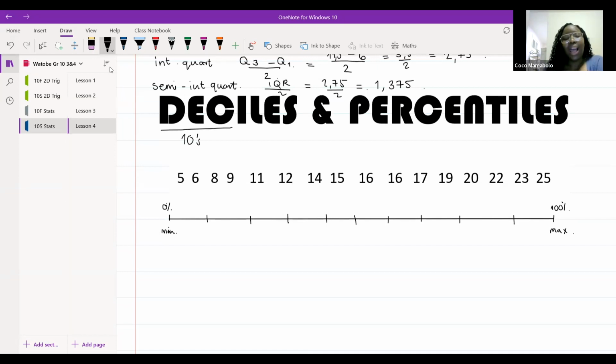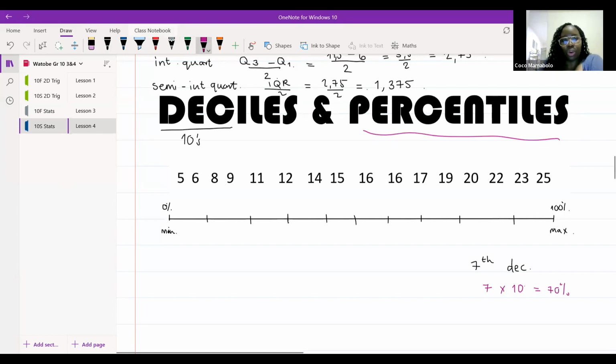Now, I want you guys to note something. These are deciles, right? So if I asked for the 7th decile, remember decile means 10. So what I'm actually looking for in terms of percentiles is 7 times 10, which is going to be the 70% idea.